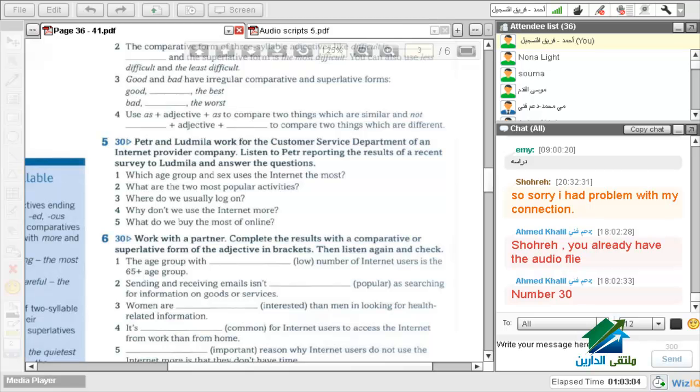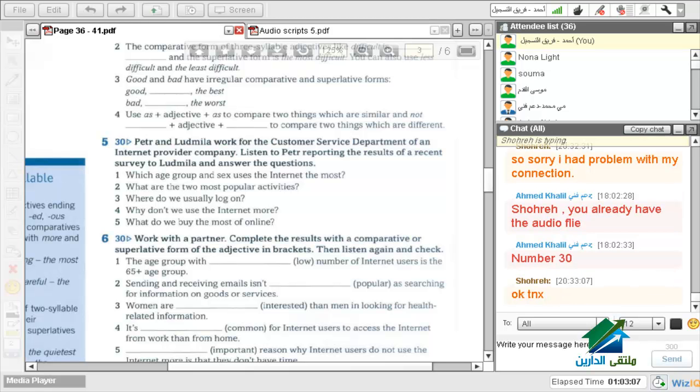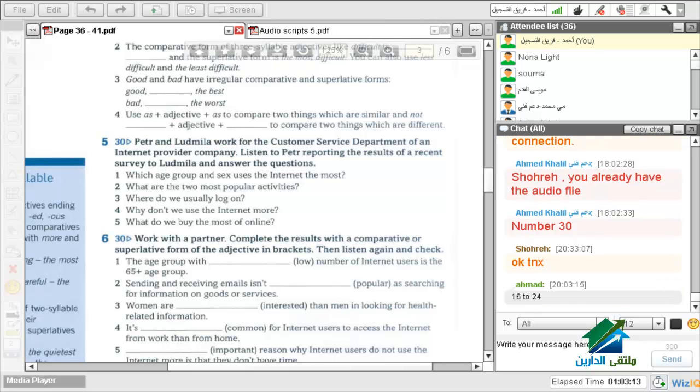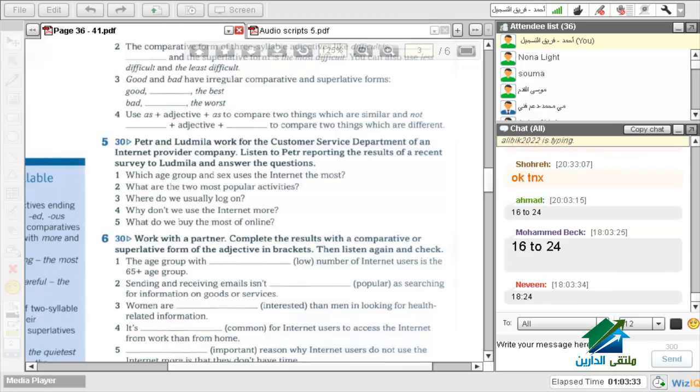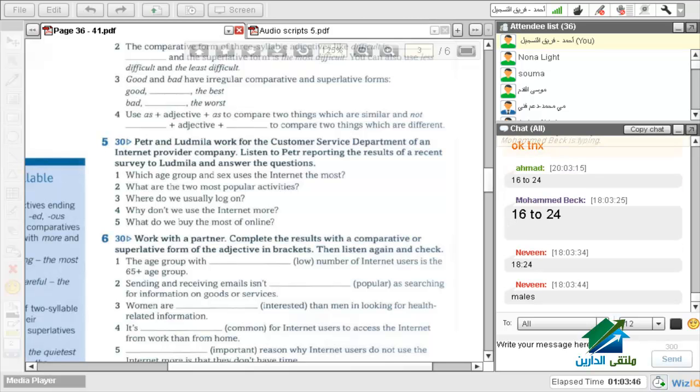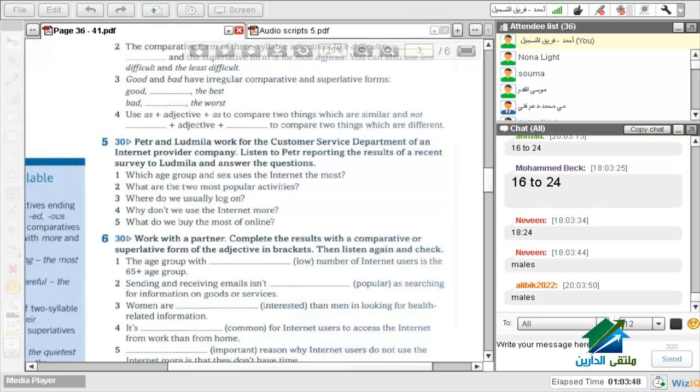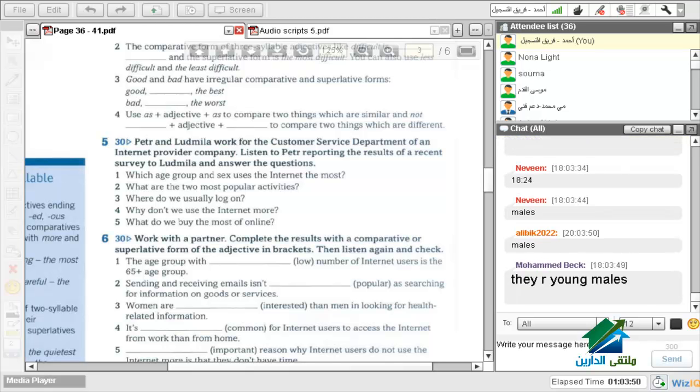Hello? Which age group and sex uses the internet the most? 16 to 24? And males or females? Males. Niveen is saying males.